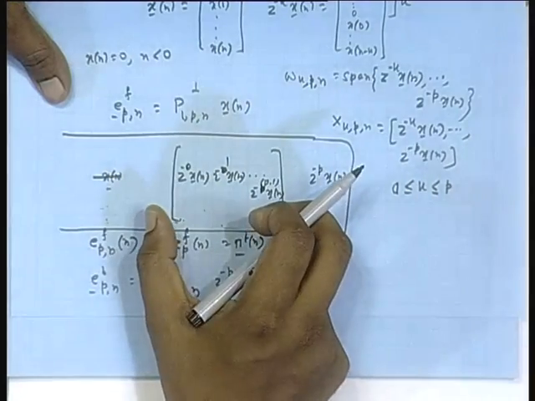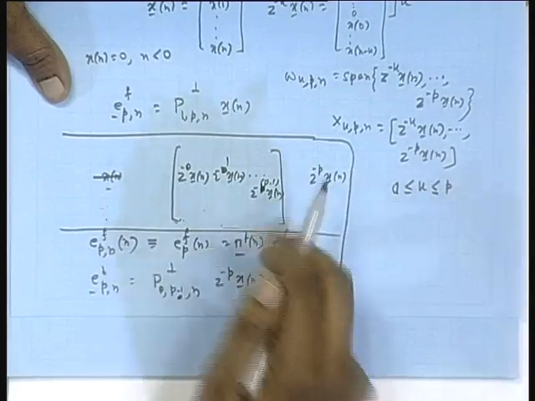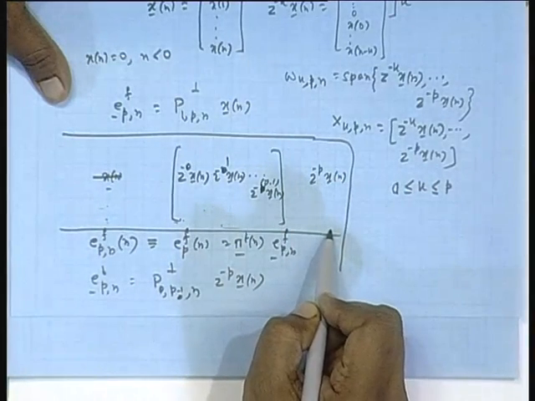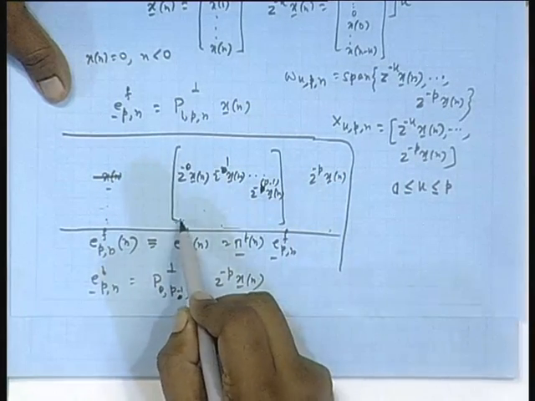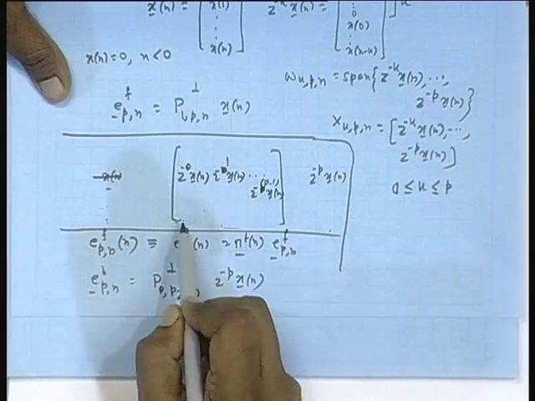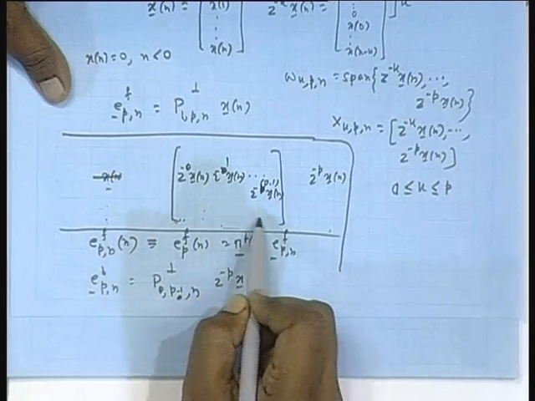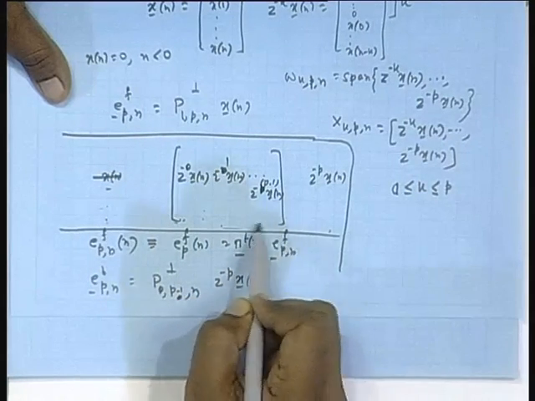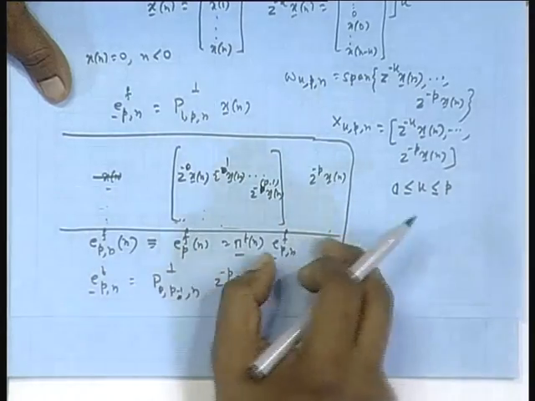I am orthogonally projecting on the space spanned by these columns. The last entry will be here what? X n minus p, and the last entries of these columns will be what? X n minus 1, x n minus 2 up to x n minus p plus 1. So, p future terms, they are combined, the error is taken.